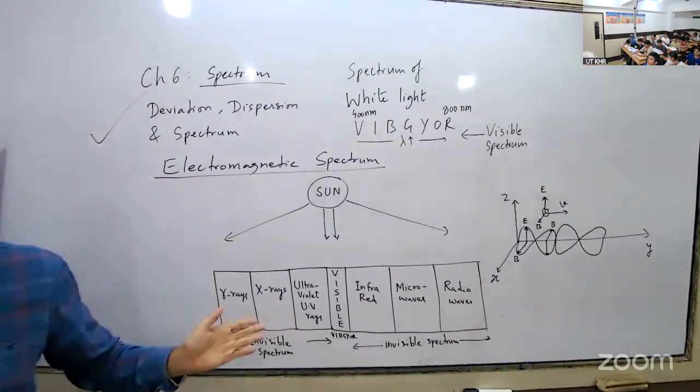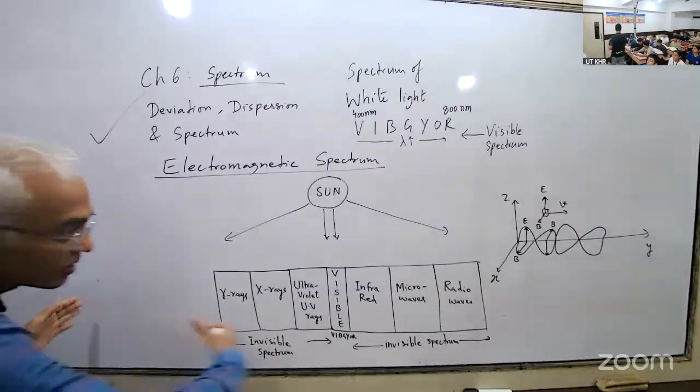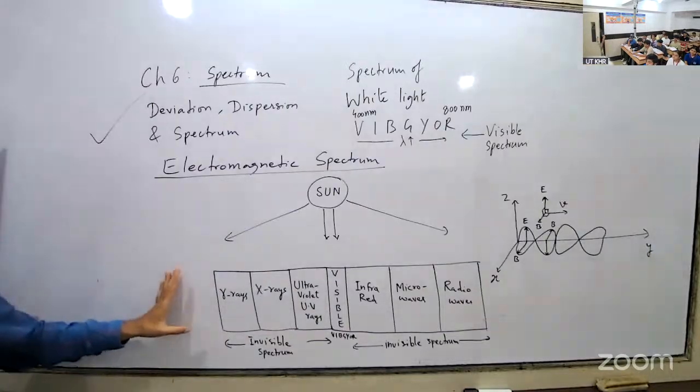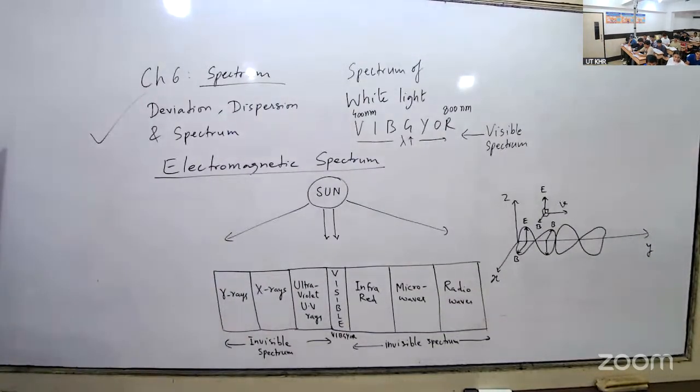So what is the electromagnetic spectrum? Understood, this entire range of wavelengths forms the electromagnetic spectrum. Now what do you have to do in it? You have to basically memorize what the wavelengths are.